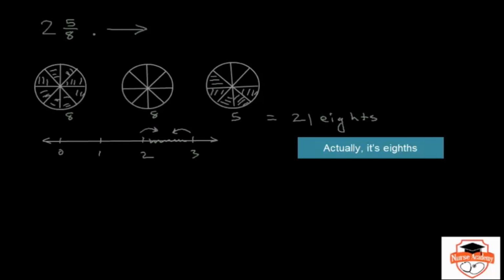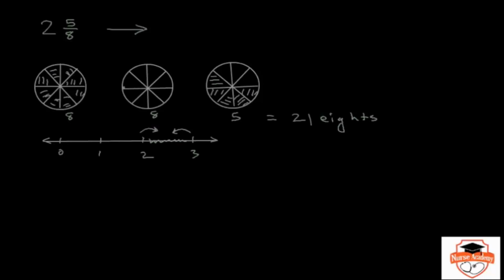And therefore, 2 and 5/8, 2 wholes and 5/8, is the same as 21 eighths. 21 over 8. So a mixed number can also be changed to a fraction, and that fraction will always be an improper fraction, meaning a top-heavy fraction in which the numerator will be larger than the denominator.